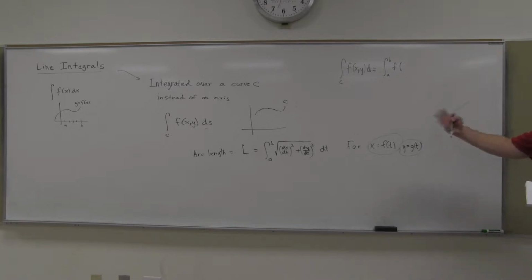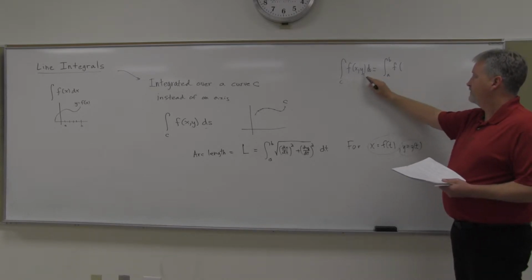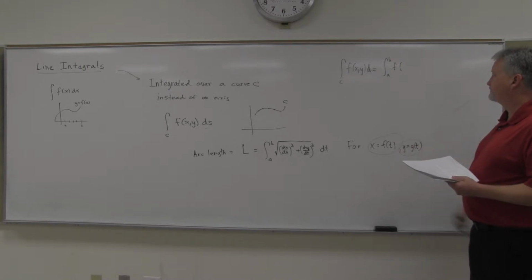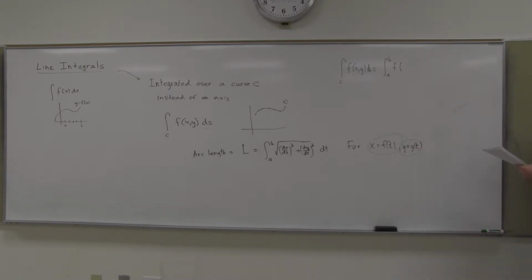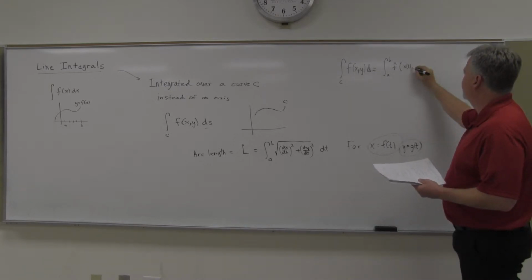There are different ways of doing it, some easier than others. We're going to parameterize x and y, and we'll just call them x of t and y of t because we've already got f there.